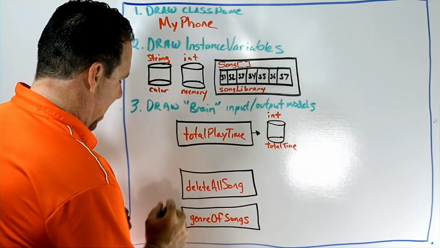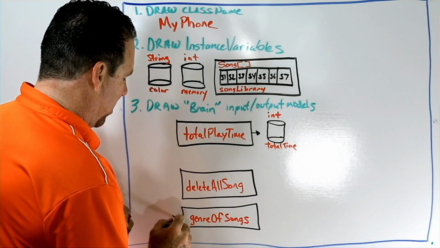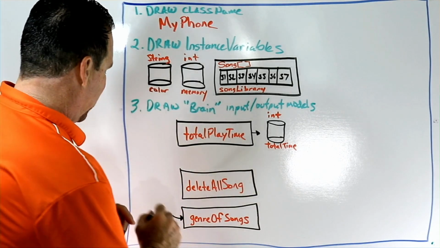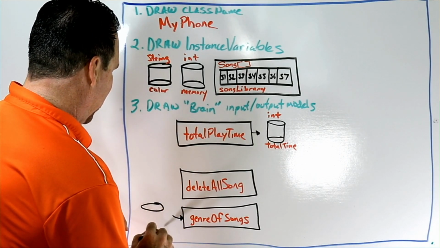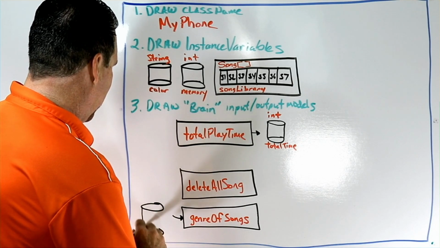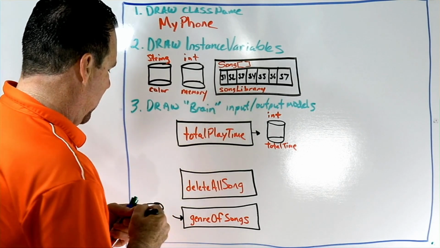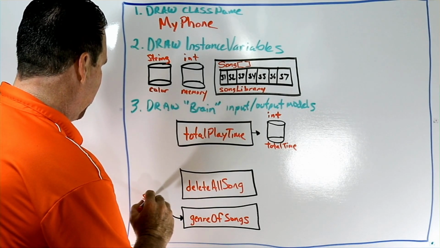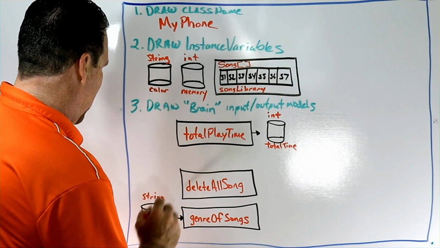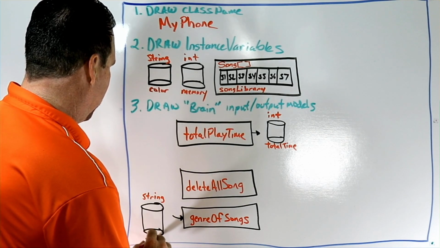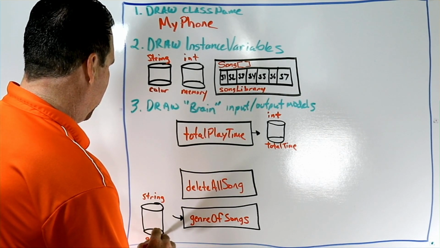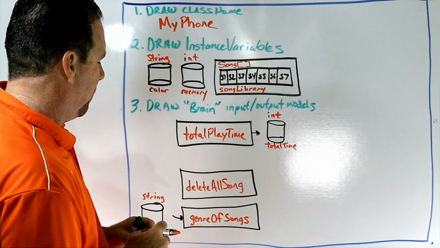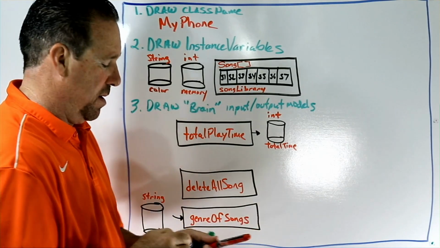So the first thing it would have would be probably someone clicking or writing a string of what type of genre it is. So I'm going to put it like this, and it probably will bring in a string of genre. Something like that.